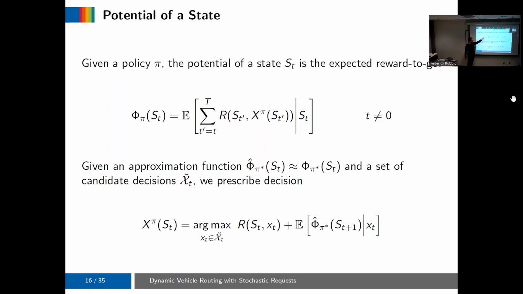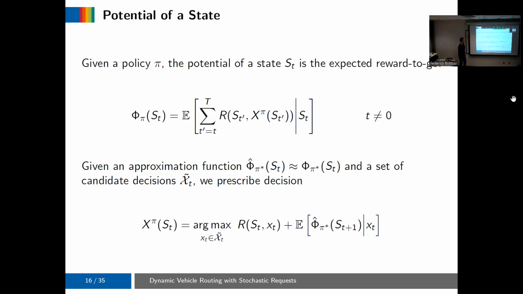Yes. So if you have a fixed policy and you are at a given state, and you just use that policy until the end of the service period, how many requests you're going to accept on average? Okay. Just to be sure I understand, the goal is to maximize the number of satisfied demands? Yes, in expectation.